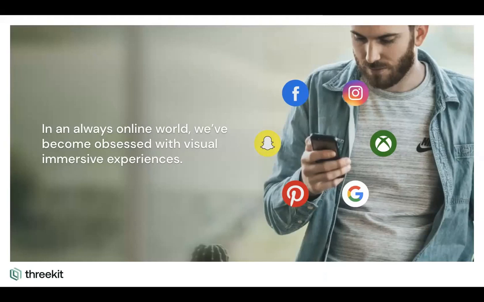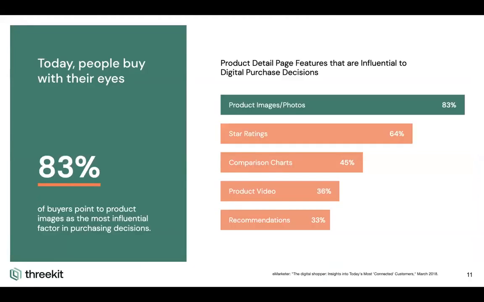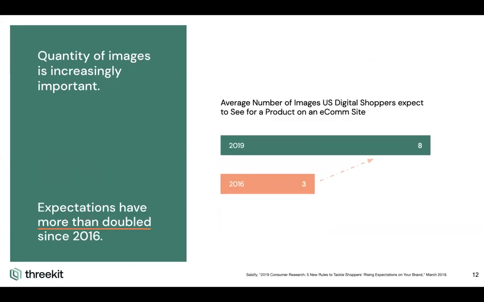And what's interesting here is e-commerce has been around for quite some time, right? A few decades now. But when you look at a lot of the analytics and research that's out there, people are still saying that visuals are the most impactful thing that influence a purchase decision. Customers are now demanding more and more visual content.